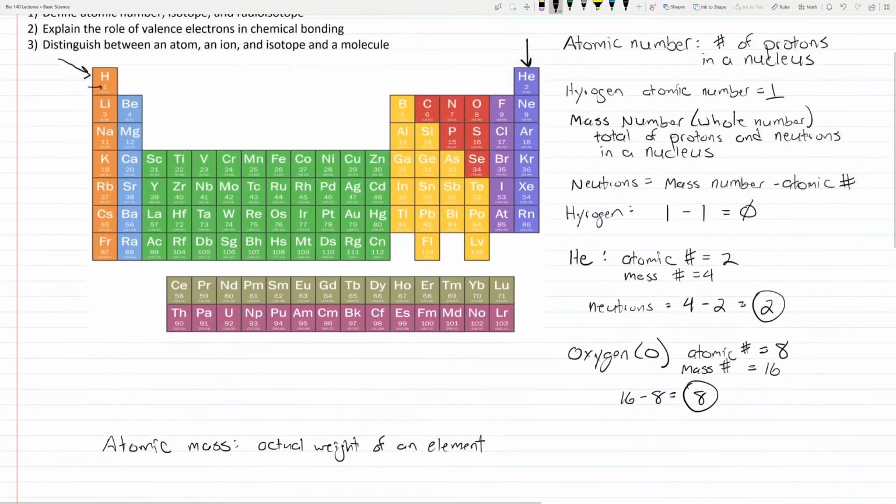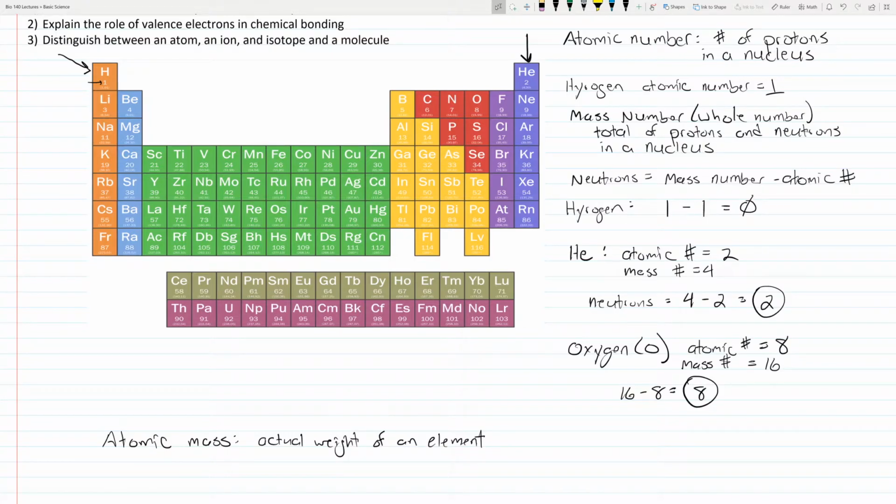For example, oxygen's atomic mass is actually 15.99. To get the mass number from the atomic mass, all you do is round to the nearest whole number. So 15.99 rounds to 16. Then you plug it into the formula: mass number minus atomic number gives you the number of neutrons. Those are the two scenarios to figure out the neutrons.